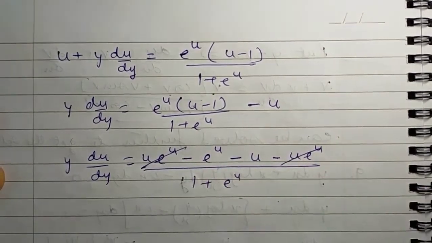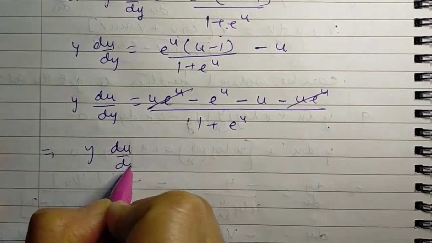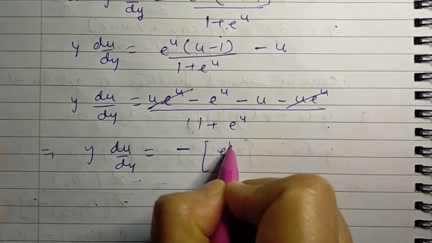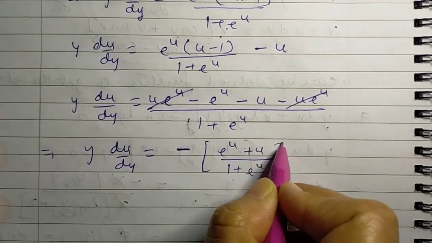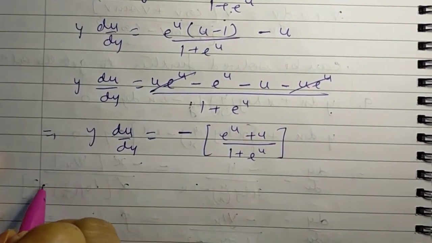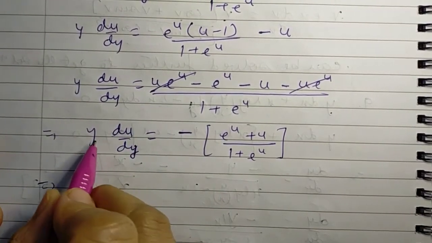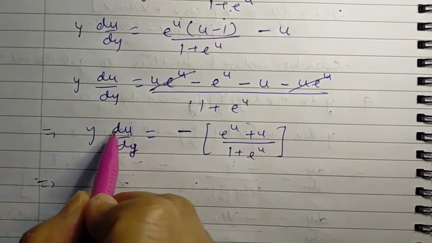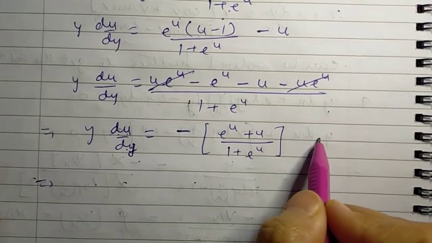This term and this term get cancelled, and what we get is y times du by dy is equal to, I can take minus common, I am left with e raised power u plus u over 1 plus e raised power u. Now separating the variables, because I want du and dy to be in the numerator, I will keep du here, take dy here, and the terms involving y also here.